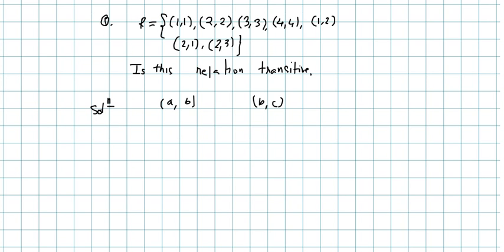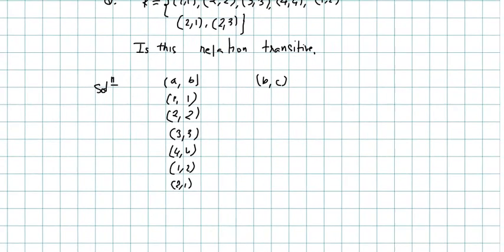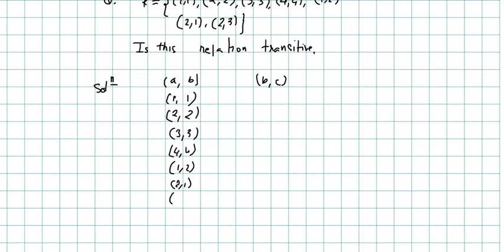First of all, write all the ordered pairs in AB: (1, 1), (2, 2), (3, 3), (4, 4), (1, 2), (2, 1), and (2, 3).